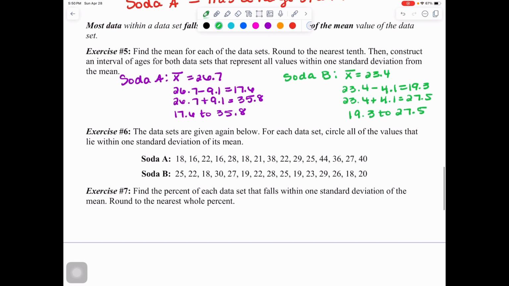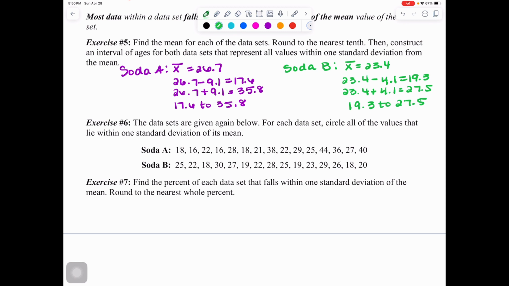So now using that information, we're going to look at exercise 6. The data sets are given again below. For each data set, circle all of the values that lie within one standard deviation of the mean. So remember, one standard deviation. So we're going to circle for soda A all values between 17.6 and 35.8.